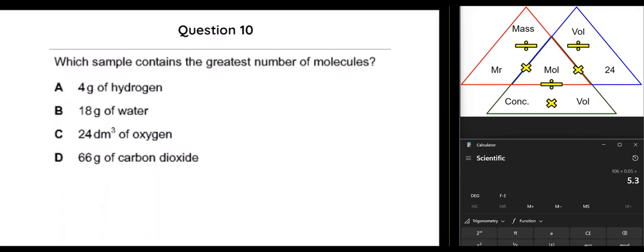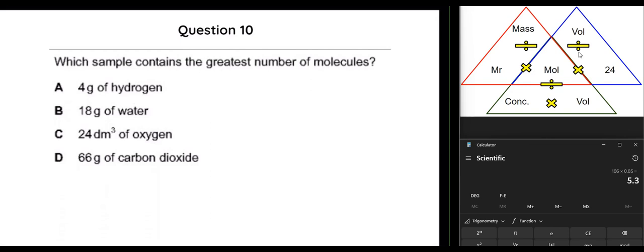Question 10. Which sample contains the greatest number of molecules? Again, we've got to work out the number of moles to make an inference about the number of molecules. This has given us 2 in grams, so mass moles MR triangle, and we've got 24 decimeters cubed of oxygen, so we've got the blue gas triangle as well.